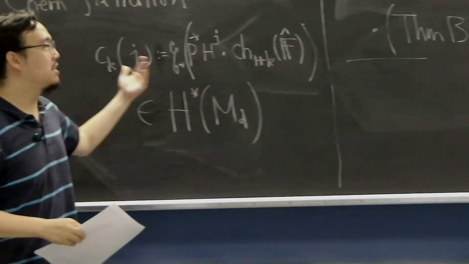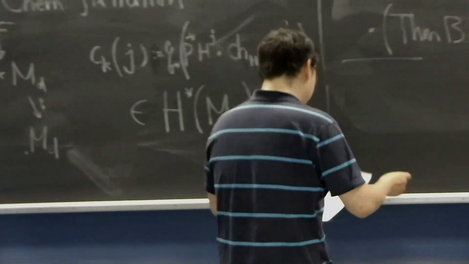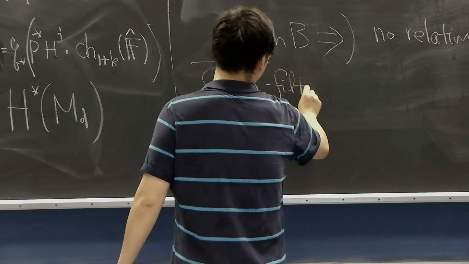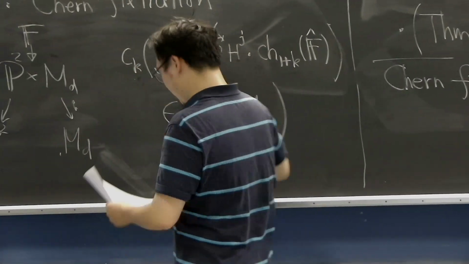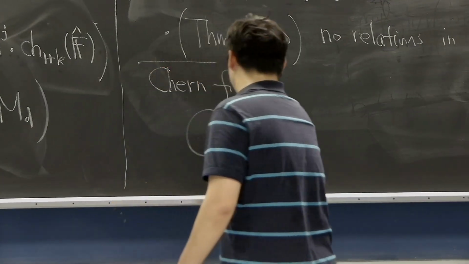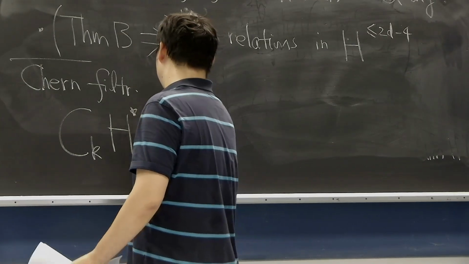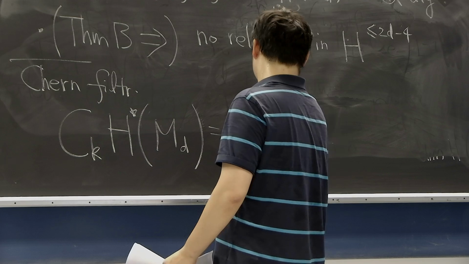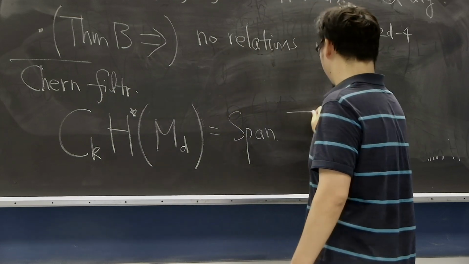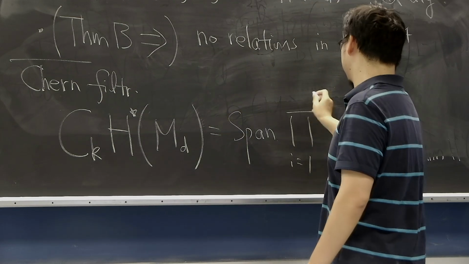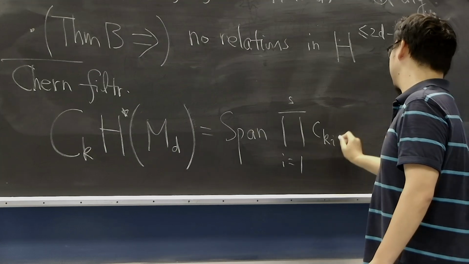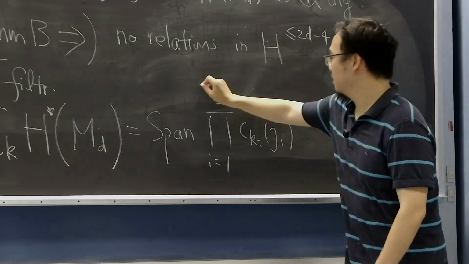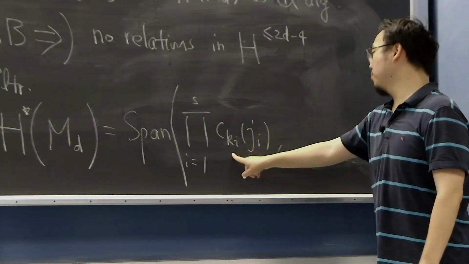So we write down some simplest classes, and they generate everything, and so we can write down a filtration called the Chern filtration, filtered by Chern gradings. So I define C_K of the total cohomology of M_D to be the span of all monomials of the tautological classes, where the only thing you bound is the total Chern grading.